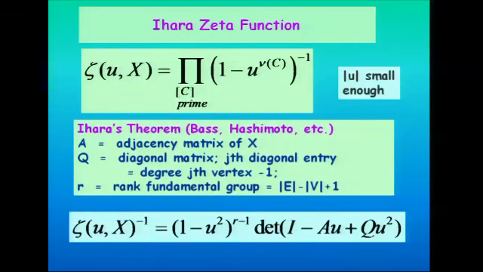Okay, so Ihara's theorem says, I think you saw this in the first talk today, that the inverse zeta function is 1 minus u squared to the r minus 1 power, where r is the rank of the fundamental group, times the determinant of I minus Au plus Qu squared. If the graph's not regular, this matrix Q is a diagonal matrix where the jth entry is the degree of the jth vertex minus 1.